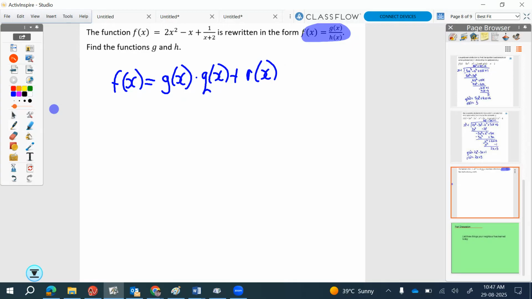So what happens if I divide this through by g of x? I will get f of x over g of x is equal to q of x plus r of x over g of x.